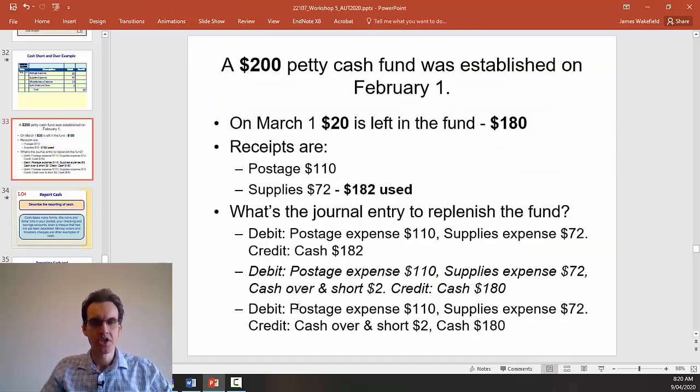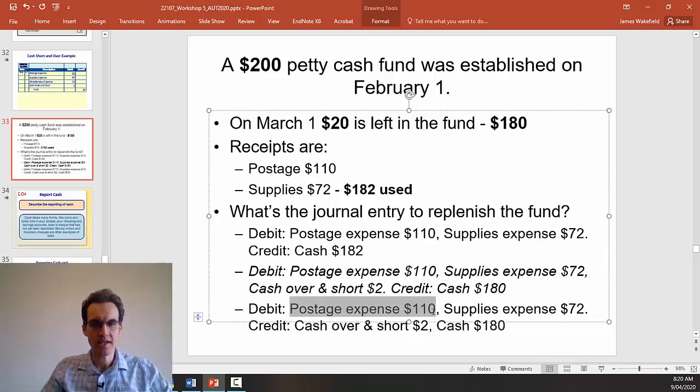If we look down at the following option, we have debit postage for 110, debit supplies expense for 72. That part's good. We have cash credited for 180. That's good. And we have cash over and short.